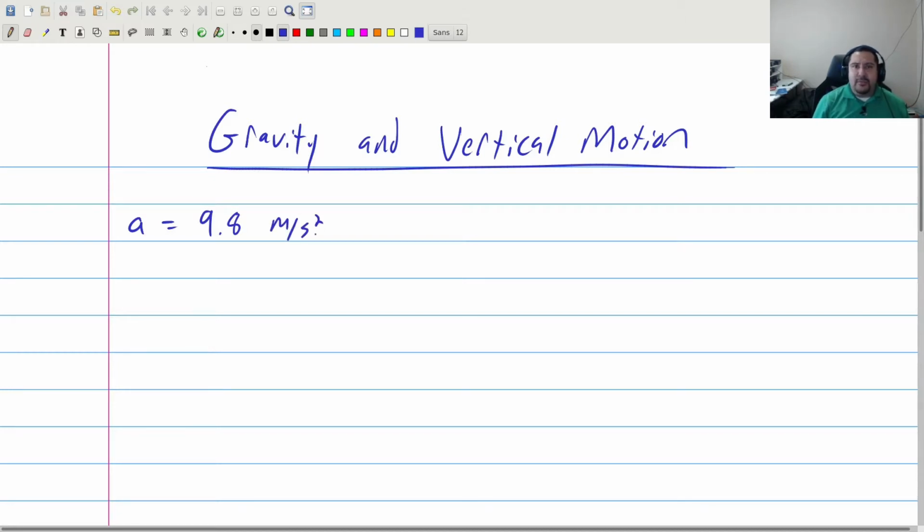Sometimes you'll see people being a little bit more careful, and in most places on Earth, this actually rounds to 9.81 meters per second per second. And then some people will be less careful, and they might just even say that it's close enough to 10 that it really doesn't matter.